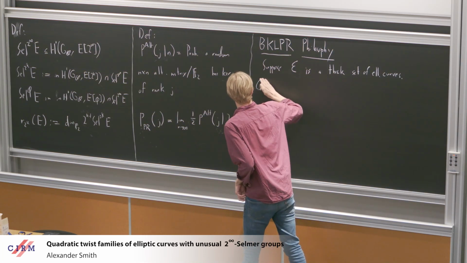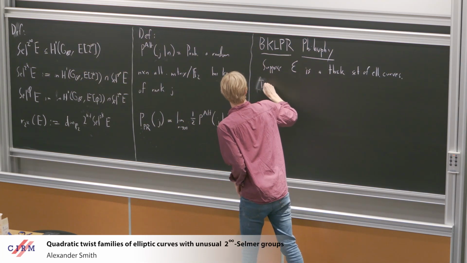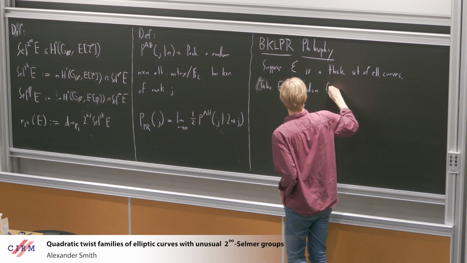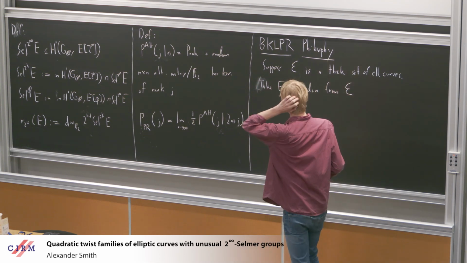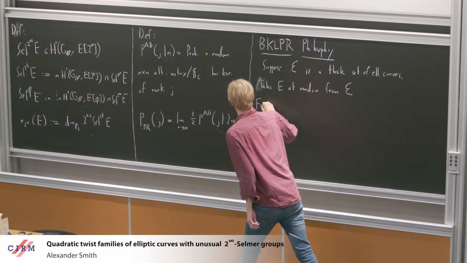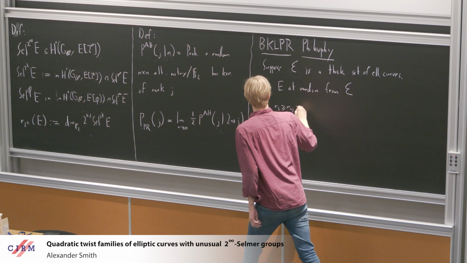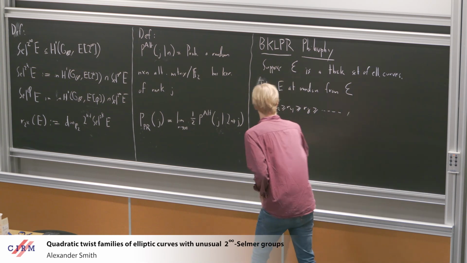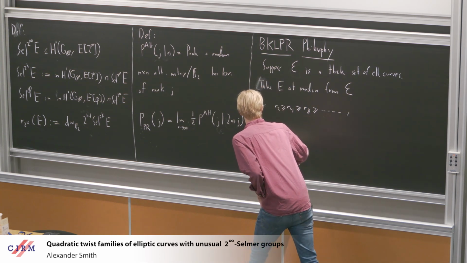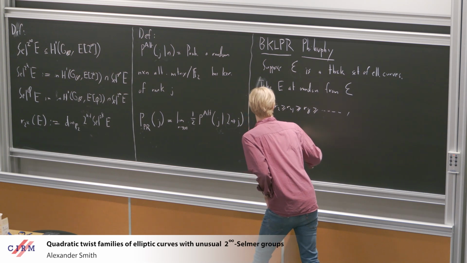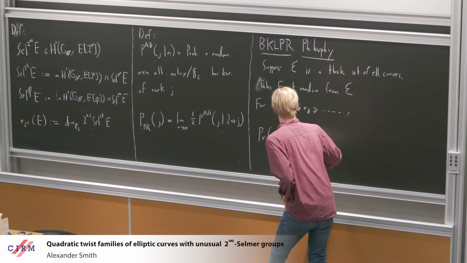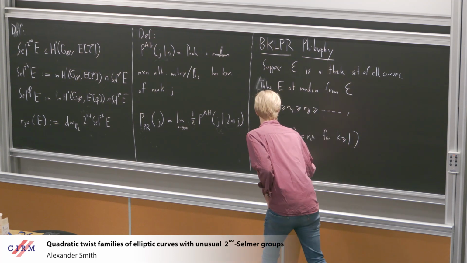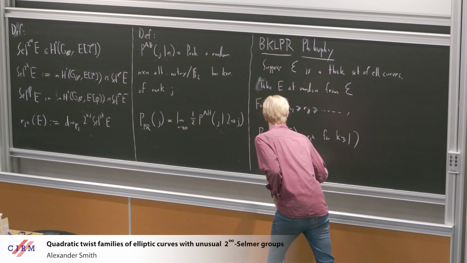Then what the philosophy says is we're going to take E at random, uniformly at random from the set E. Then for any non-increasing sequence of ranks indexed by the powers of 2, the probability that the 2^k Selmer rank of E is equal to R_{2^k} for k greater than or equal to 1 is equal to P_PR of R_2.